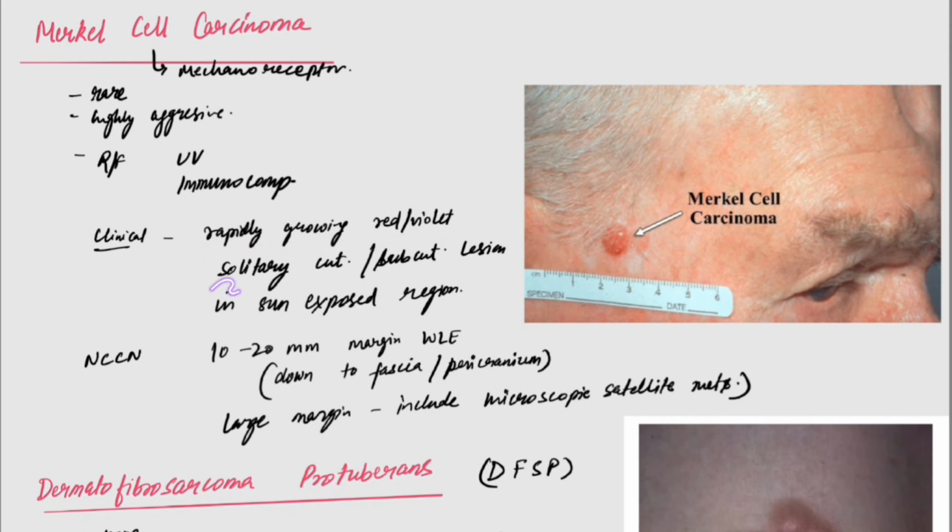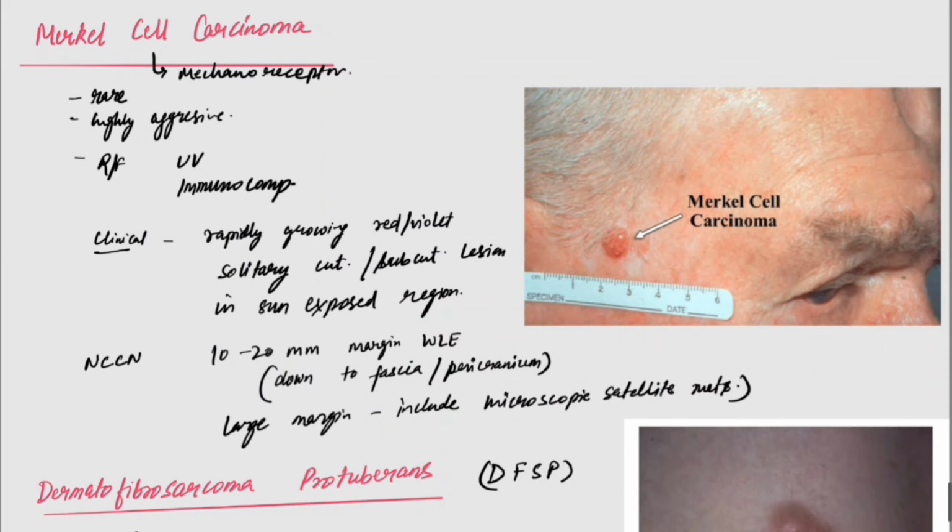They are solitary, cutaneous or subcutaneous lesions in the sun-exposed region. According to NCCN guidelines, we have to go for 10 to 20 mm margin wide local excision. Large margins help here to include the microscopic satellite metastasis. Otherwise, the prognosis of Merkel cell carcinoma is very poor.